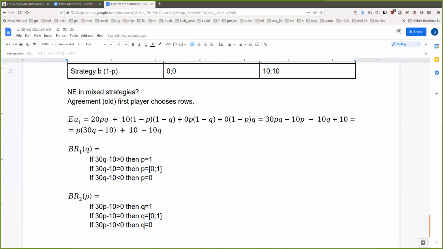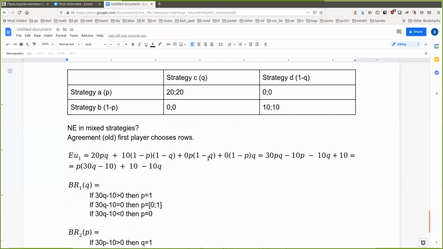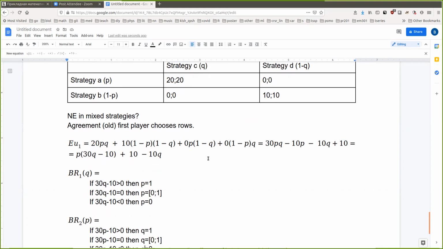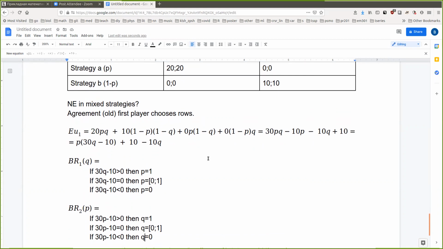So I have two best response functions. Because my game is symmetric, they should be symmetric. For a non-symmetric matrix, obviously, we have two different best response functions. Everything is fine? Any question?